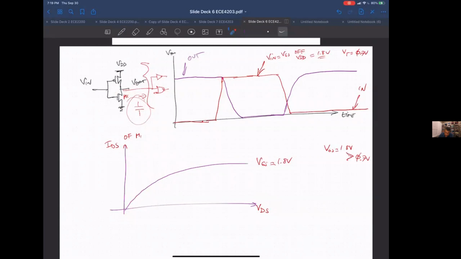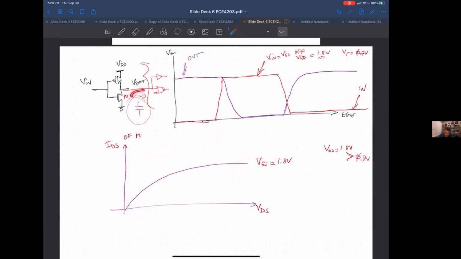As soon as this input becomes 1, it turns on very quickly. Initially, the drain source value is out here because you had 1.8 volts on the output, with the source at ground. So initially you were basically here, and the output is still high.